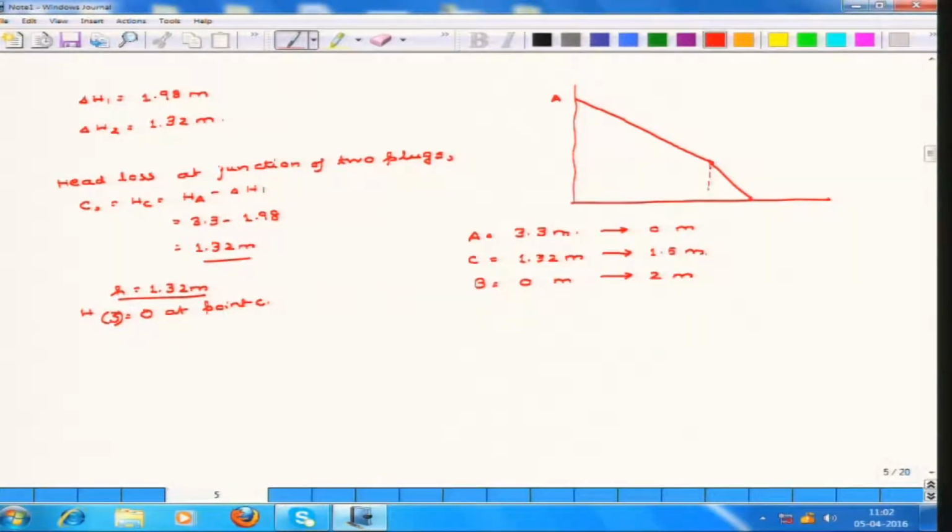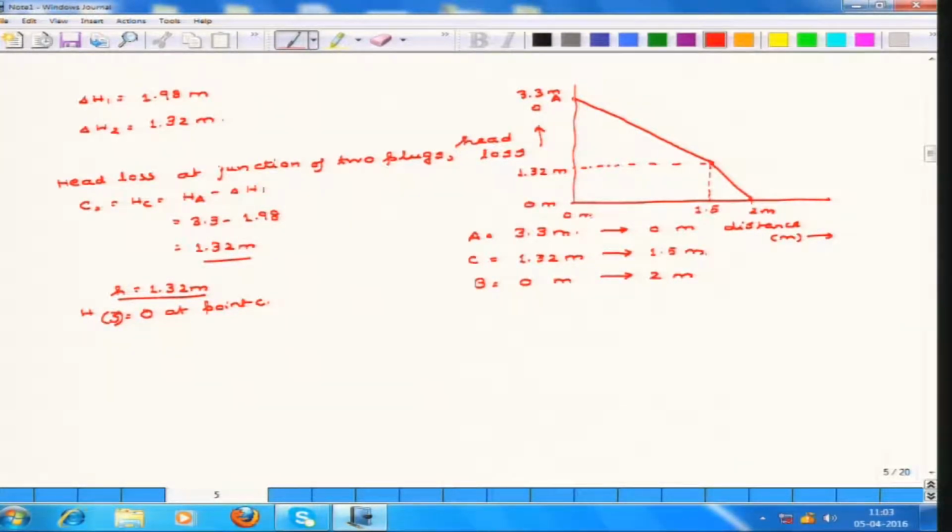So, this distance is basically equivalent to 1.5, this is 2 meter, this is 0 meter. This is the distance in meter, this is the head loss. And this height is 3.3 meter, this is 1.32 meter and this is 0 meter.